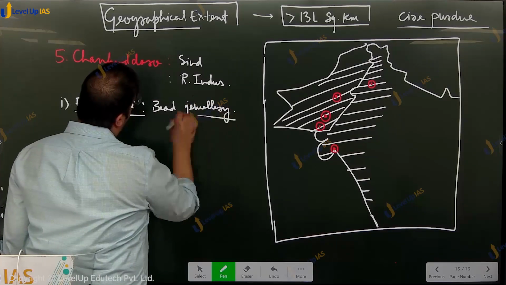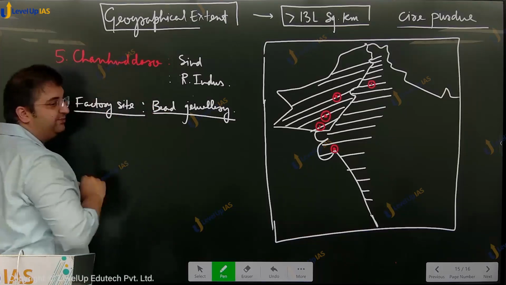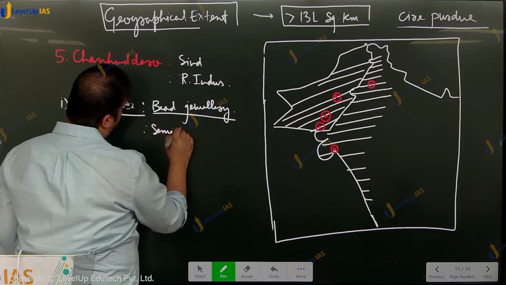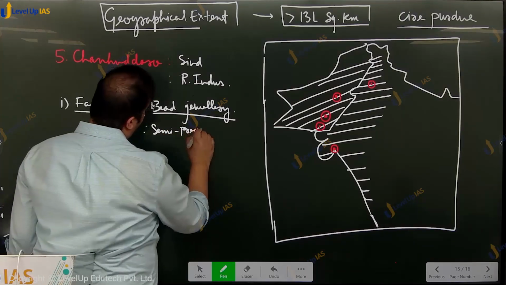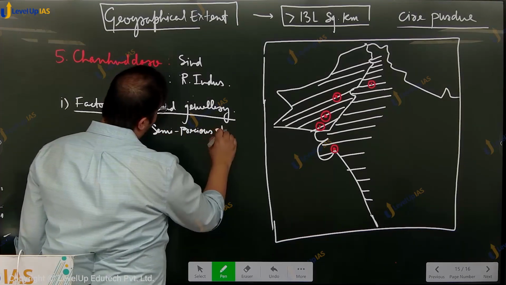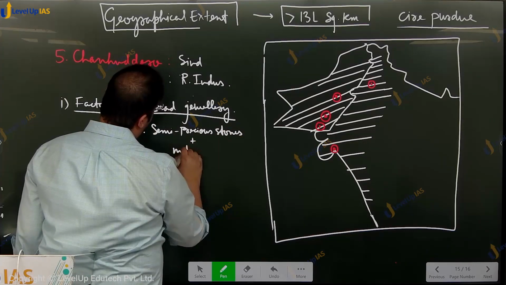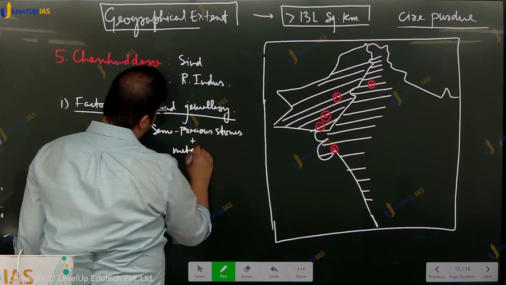Bead jewelry. What were these beads made of? Semi-precious stones and precious metals.